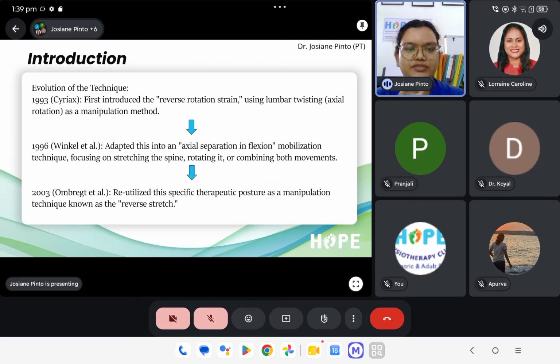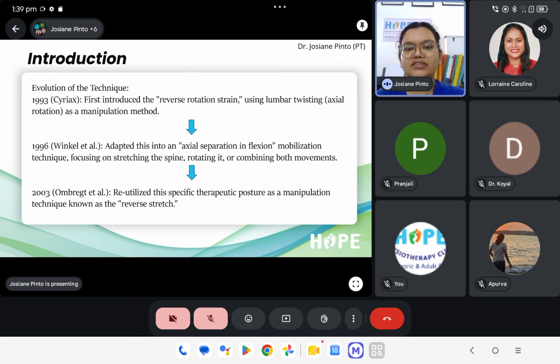Let's look at the evolution of this technique. In 1993, Cyriax first introduced the reverse rotation strain, which was just lumbar twisting, that is axial rotation, as a manipulation method. Three years later, in 1996, Winkel et al. adapted this into an axial separation in flexion, a mobilization technique focusing on stretching the spine, rotating it, or combining both movements.